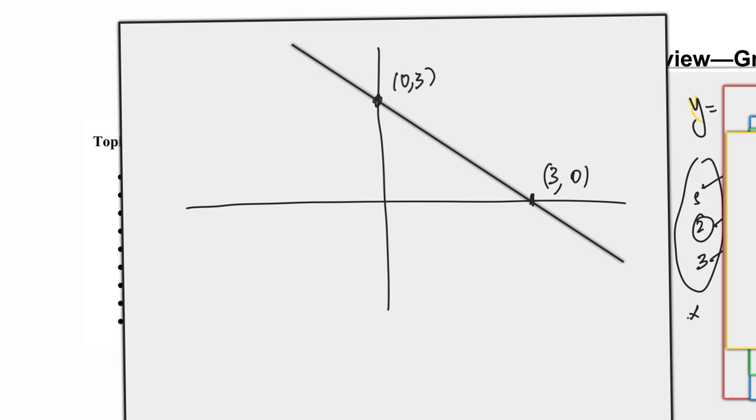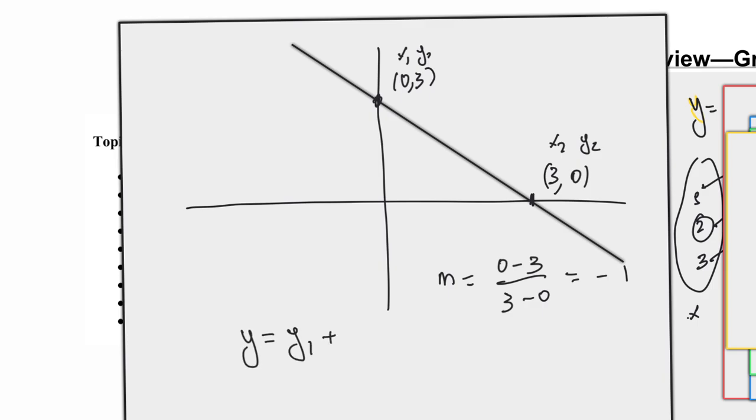What is the equation of the rectilinear line that passes through these points? Well, first of all, I have to find the m, the slope. If this is x1, y1, and x2, y2, what is the slope? The slope is y2 minus y1 divided by x2 minus x1. What is the slope? Minus 1. The equation is y equals y1 plus m multiplied by x minus x1.